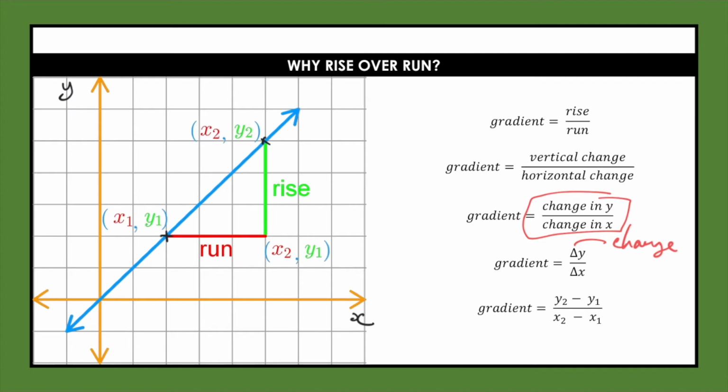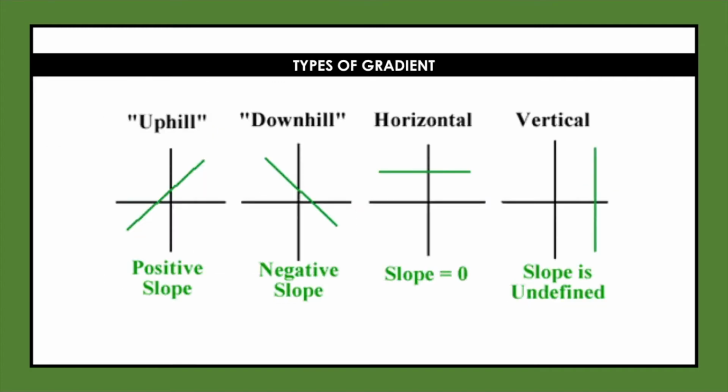Now there are different types of gradient that you'll see when you plot your graph, and it's good to keep them in mind, just so from looking at a graph that you plot, you could have a general idea what the gradient would be like. And the first image we'll see is uphill, or positive slope.